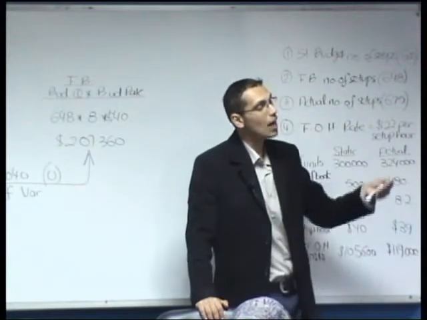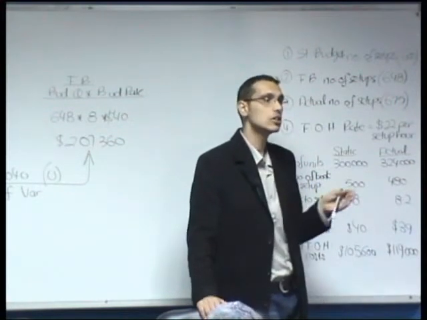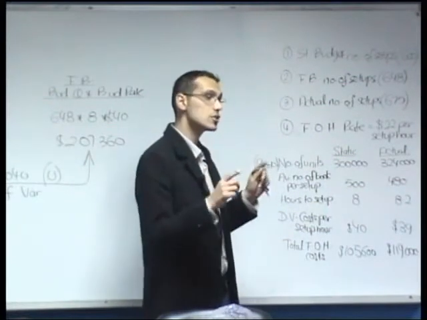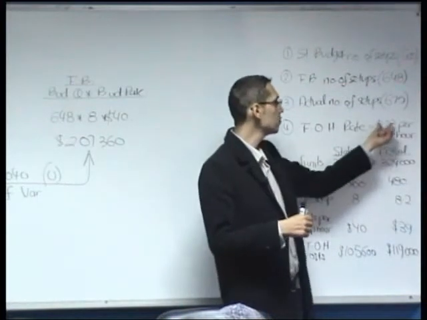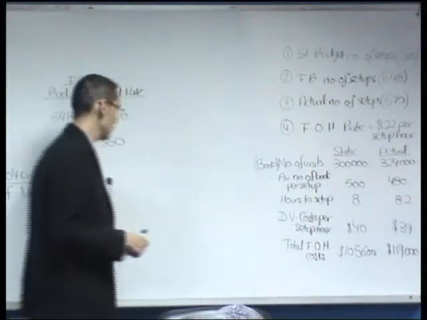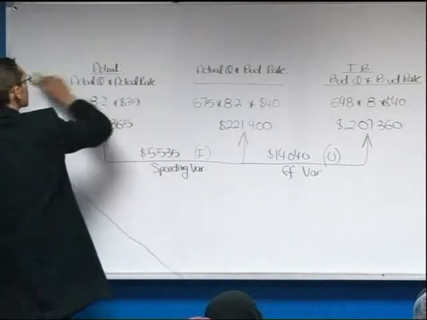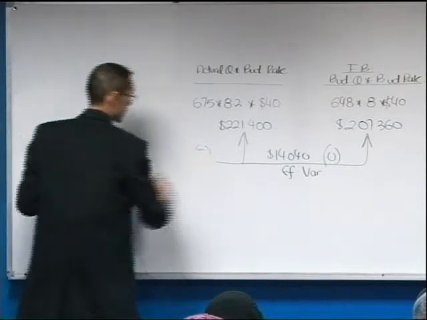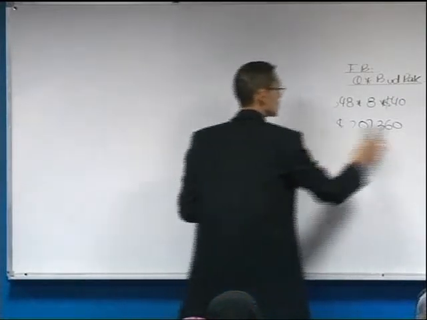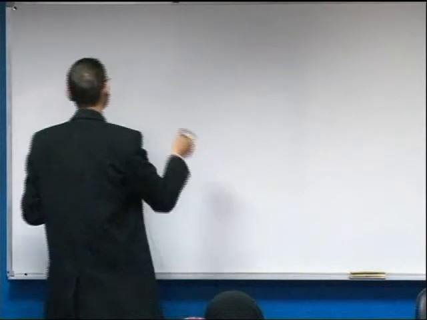Now we need to know the allocated fixed manufacturing overhead cost in order to compute the production volume variance. Of course, the allocated would be allocated by this rate, which is $22 per setup hour. Now let us see what is the production volume variance and what is the spending variance.